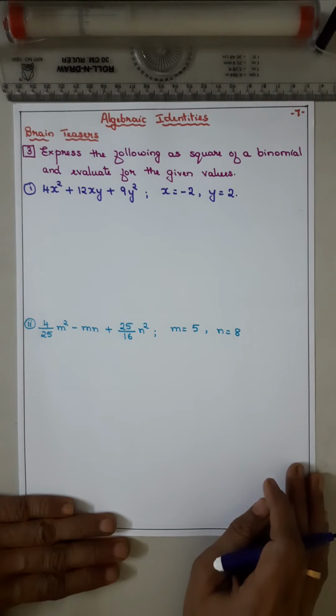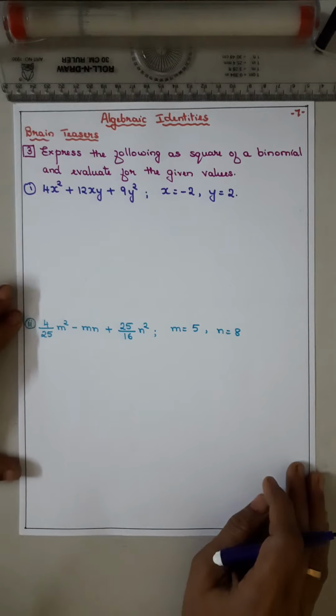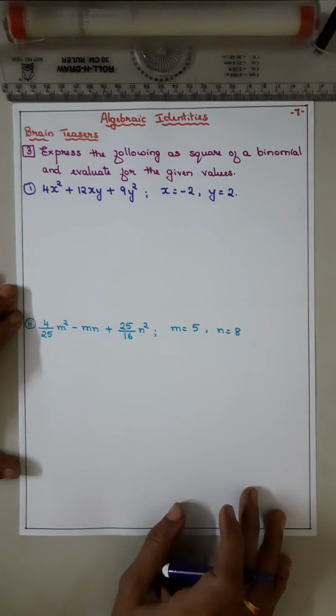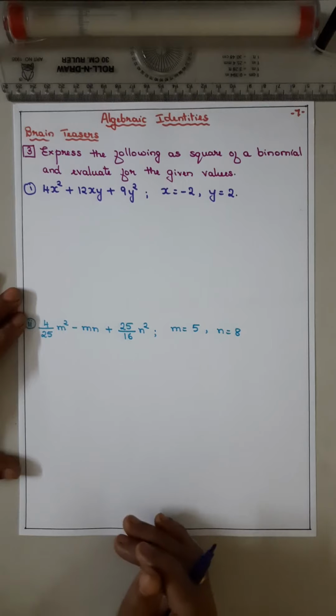And evaluate means find the value of. Putting the x and y values, you have to find out the value of the full expression. Now coming to finding the square of the binomial.